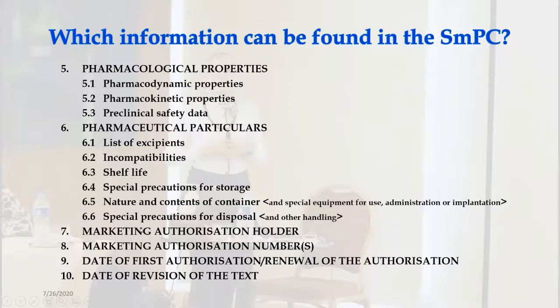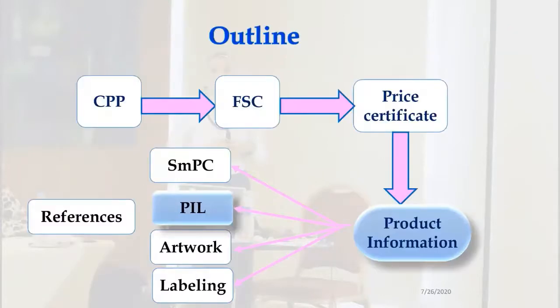And we have to specify who the marketing authorization holder is, and if my product is registered, we have to specify the marketing authorization number and the date of first authorization or renewal of the authorization and the date of revision of this SMPC. As we said in the previous slides, we have to update this SMPC during the life cycle of the drug product.